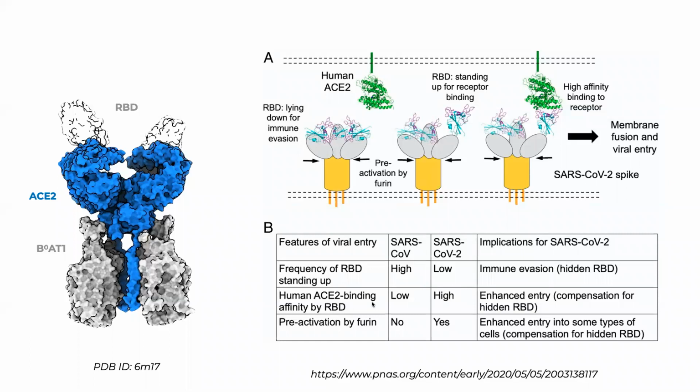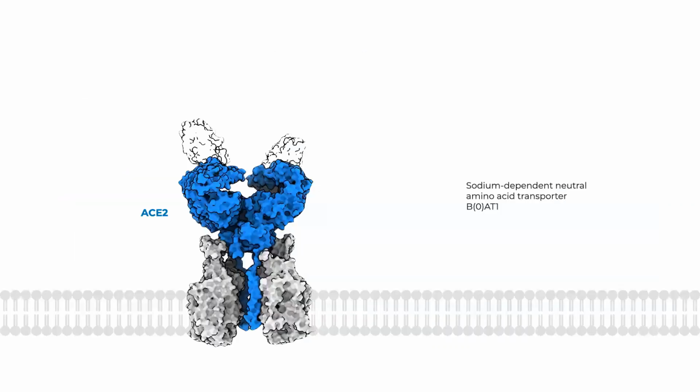And then pre-activation by furin is not a part of the original SARS-CoV mechanism, but it is a part of the SARS-CoV-2 mechanism, which might make it more effective at connecting. So let's take a look at how this actually works.